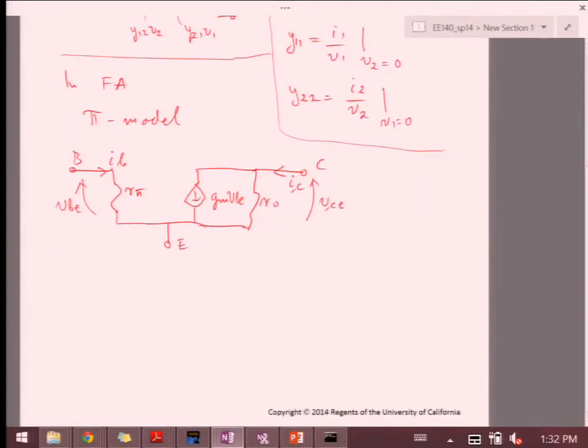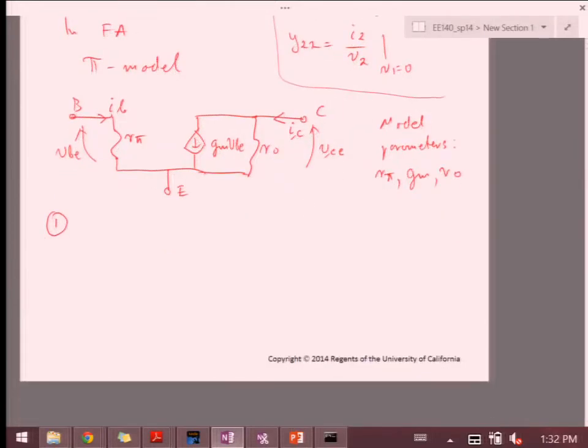So the model parameters are R pi, which is our base resistance, GM, and R naught. The rest, meaning GM VBE, is a current controlled source. So let's try to figure out how we extract these three parameters and what's their mutual dependence.